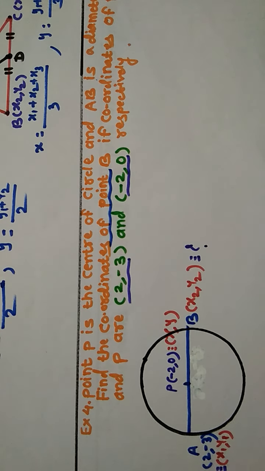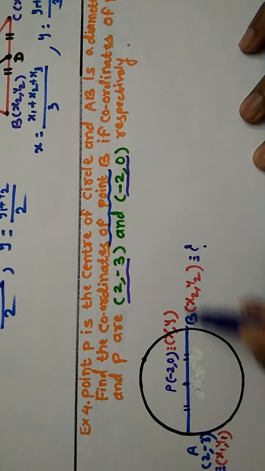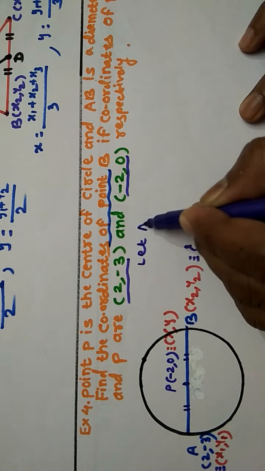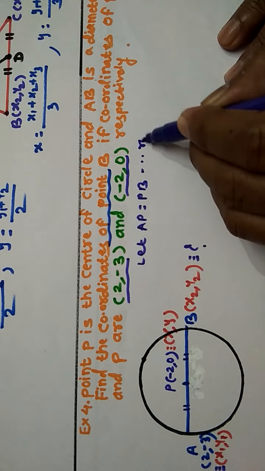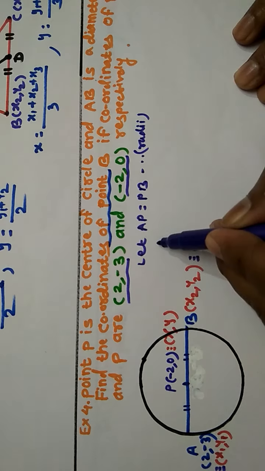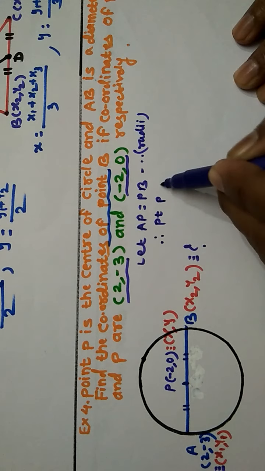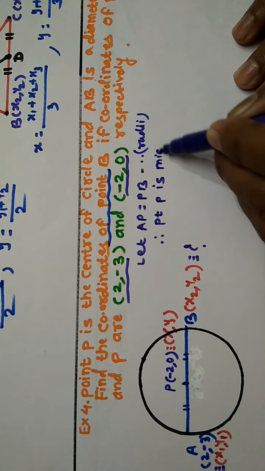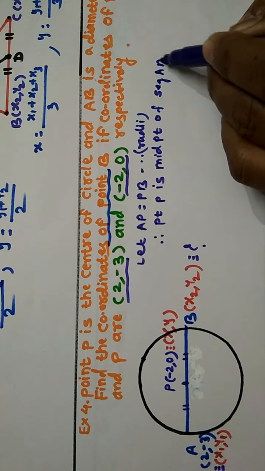Now see here, if P is the center and AB is the diameter, then AP is equal to PB, because they are the radii of the same circle. Means P is the midpoint of the diameter AB. Therefore, point P is the midpoint of the segment or diameter AB.